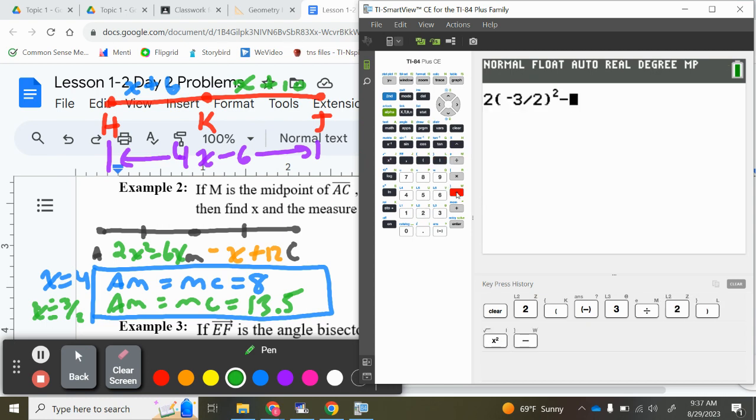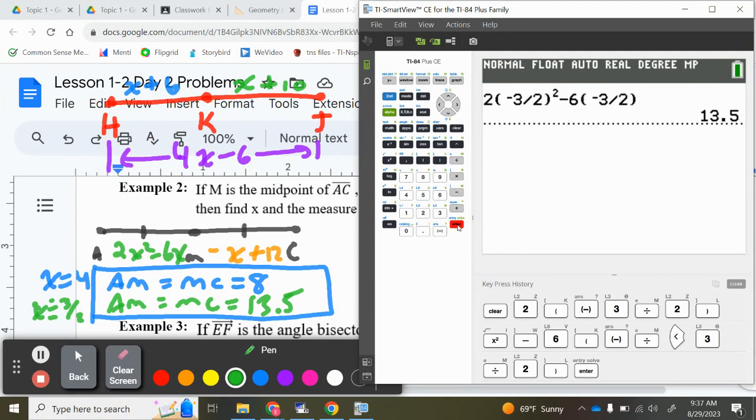I'm going to subtract 6 parentheses -3 over 2, close parentheses. So if you did not include the negative in here, it would have been problematic with the square, because the square needs to have parentheses around it in order to take it twice.